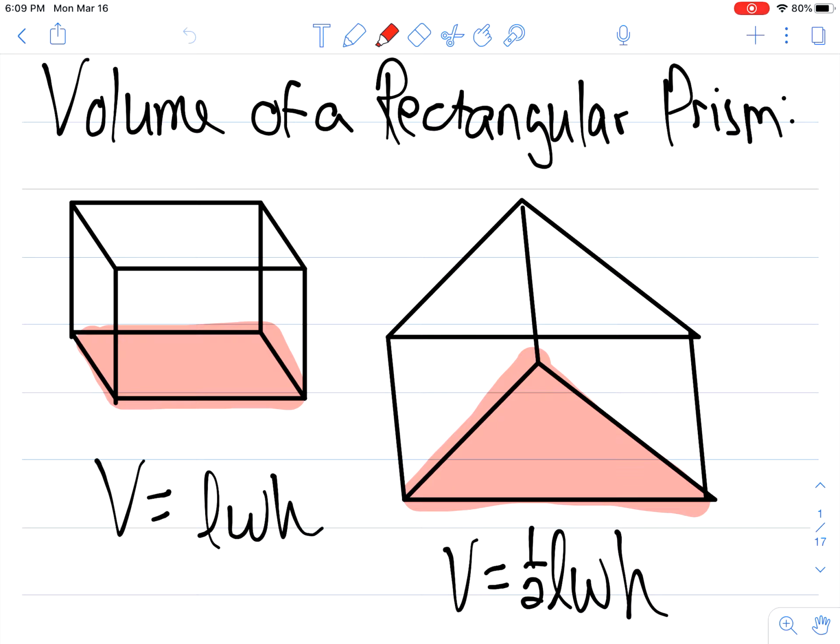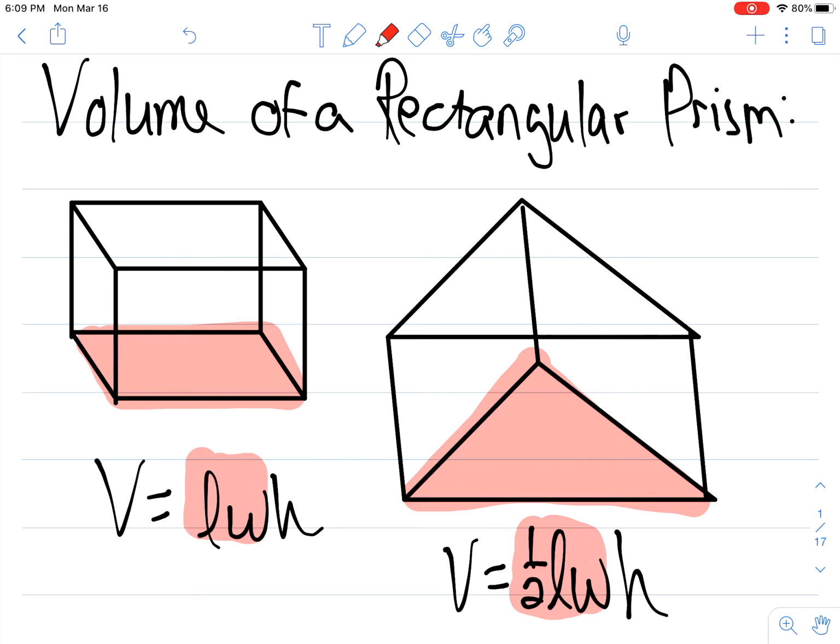Prisms actually have 2 bases, since the top and the bottom could also act as a base, so we just have the one shaded. The length times the width in the rectangular prism formula is actually the area of the base of the prism. And likewise over here, the area of the base would be 1/2 length times width.